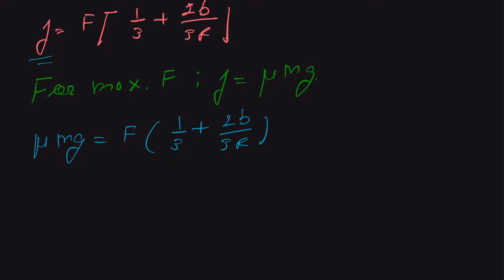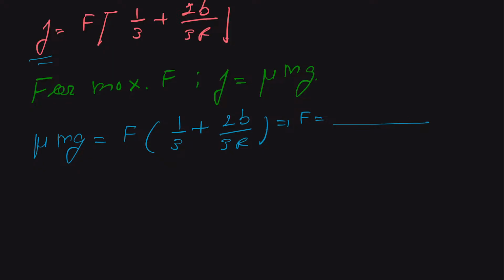And so from here we get our F will be equal to, and we can take 3R as our LCM.